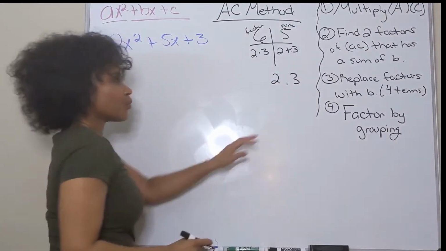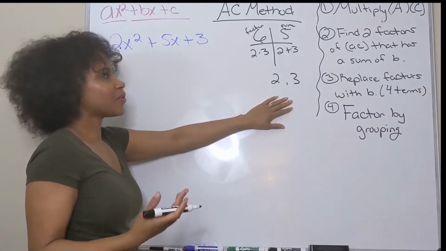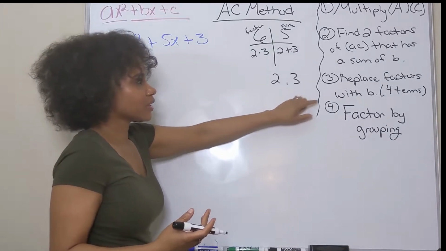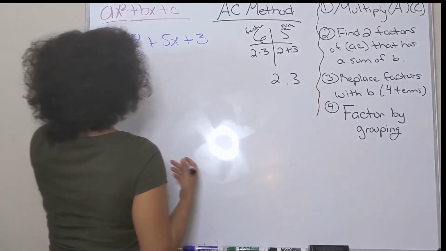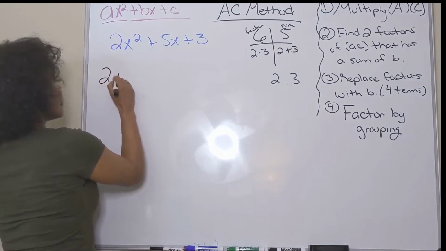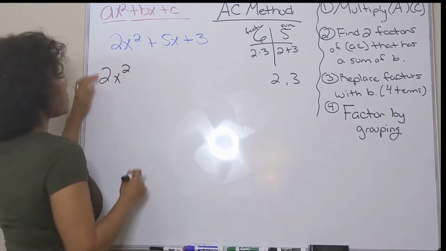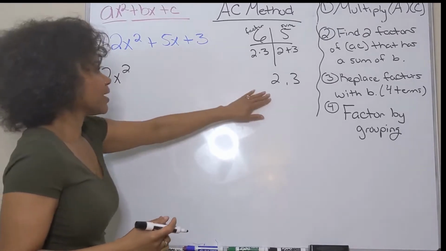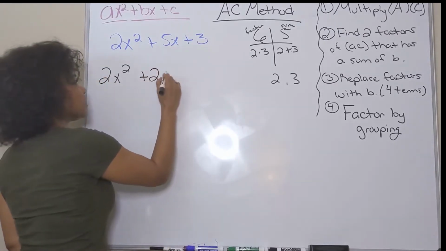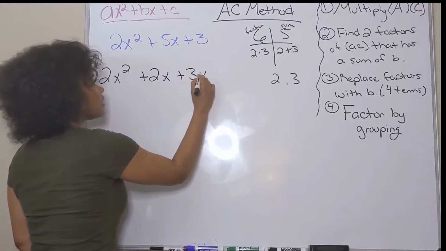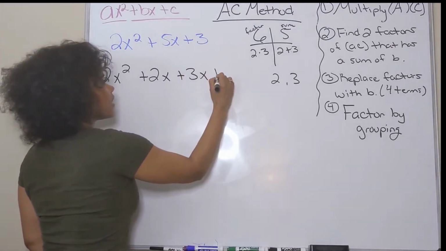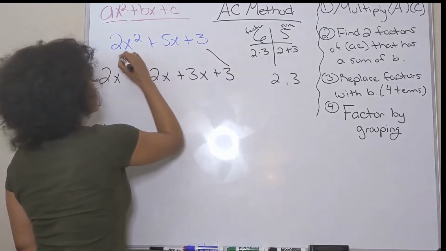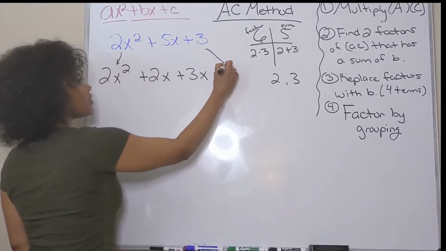Alright. What are we going to do with that 2 and 3? We're going to replace that 2 and 3 with b. So I bring down my x squared term, or my first term. Instead of putting 5x, I'm going to replace it with 2x plus 3x. And then I bring down my last term and my first term as well.